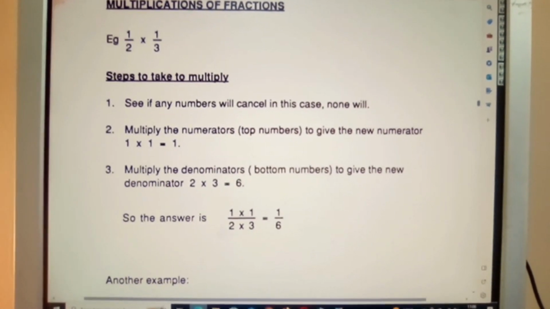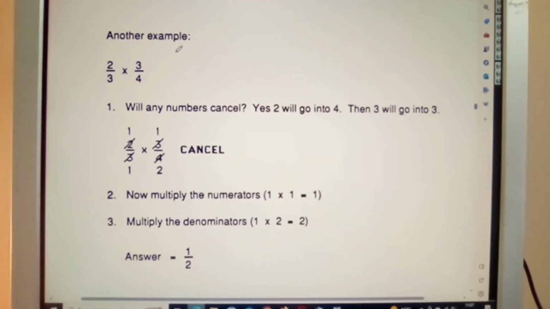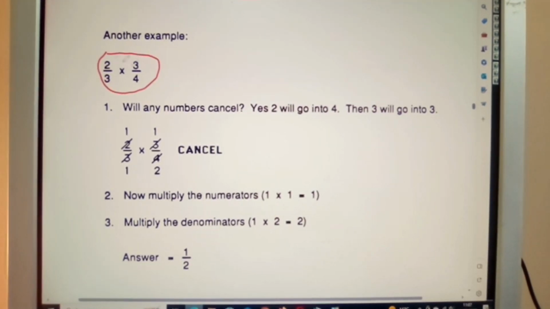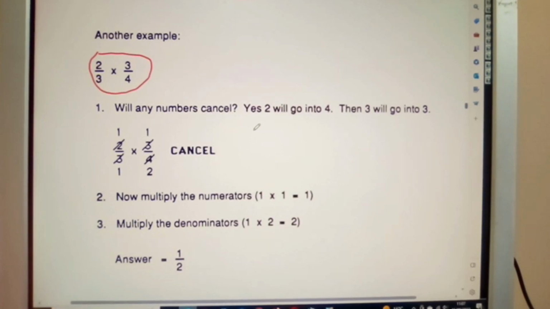And it shows you here how it is done, so make sure you follow these processes. And showing you another example as to how it could be done.